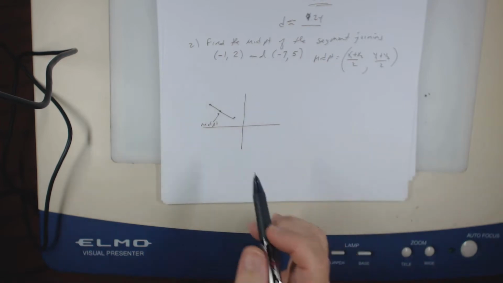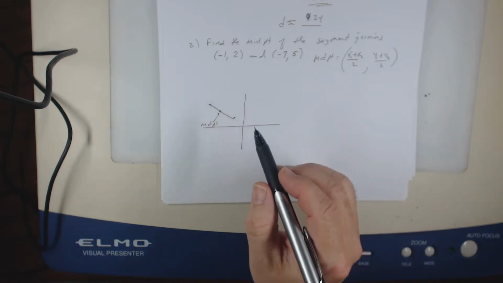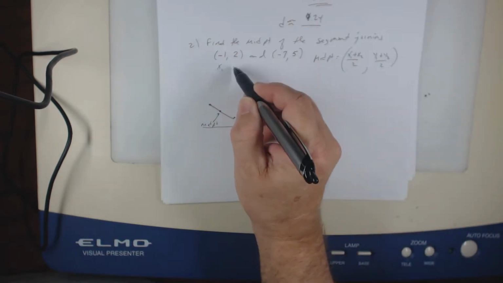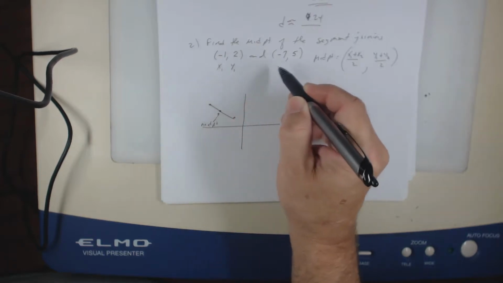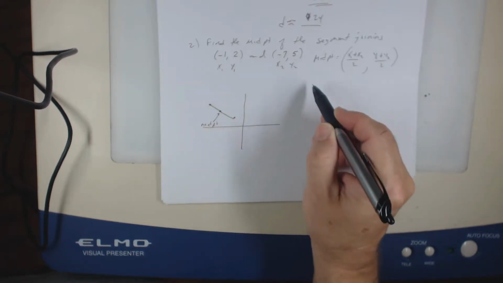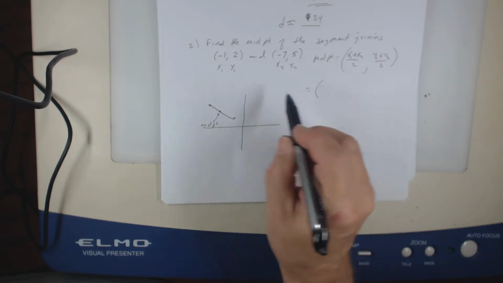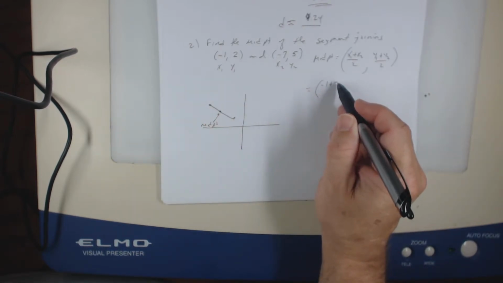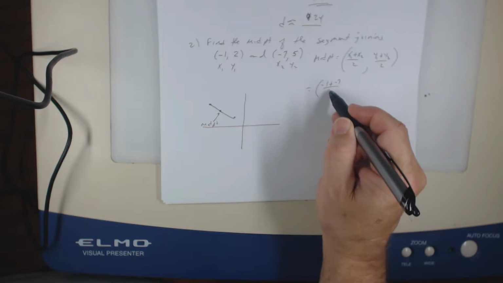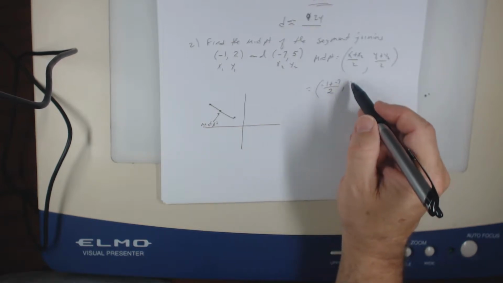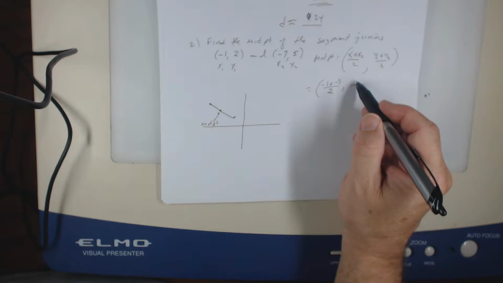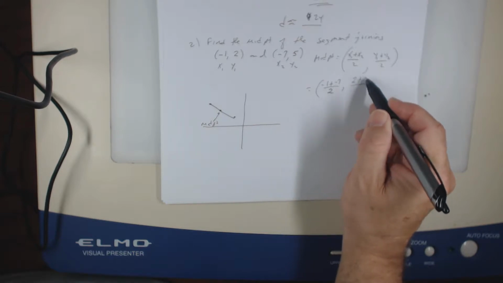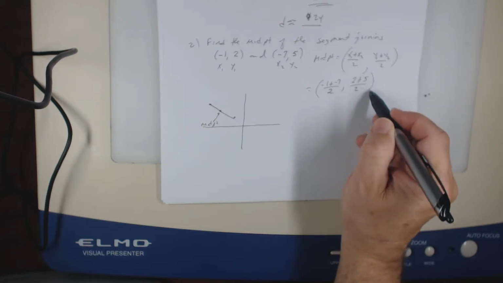All right, and so basically you just plug these back into your formula. Now this is x1, this is y1, x2, y2. So the midpoint would be -1 plus what? -7. Whatever that is, I divide by 2, comma. And how do I determine the y coordinate? 2 plus 5 divided by 2.